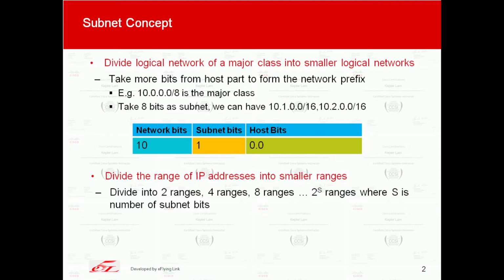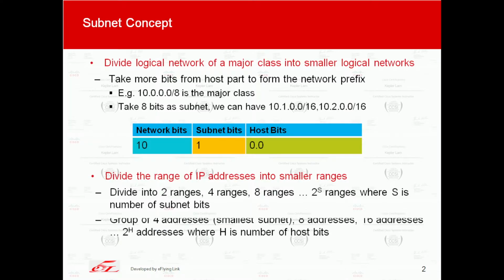Then what about the size of each range? It depends on how many host bits are in each range. If we take 2 bits, in fact that is the smallest subnet. You cannot take 1 bit. I will explain it later. So for 2 bits, you get 2 to the power 2, which is 4 addresses in this range.